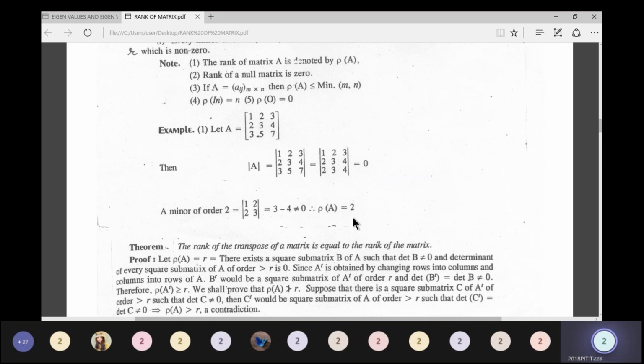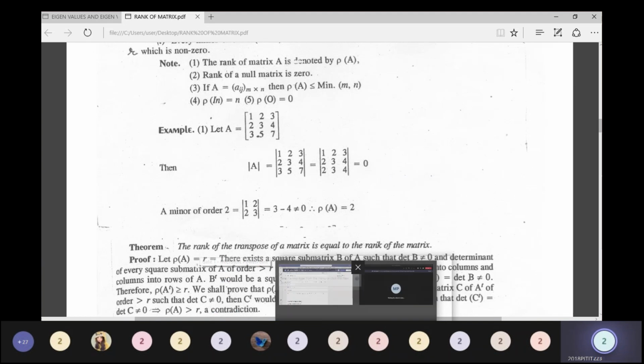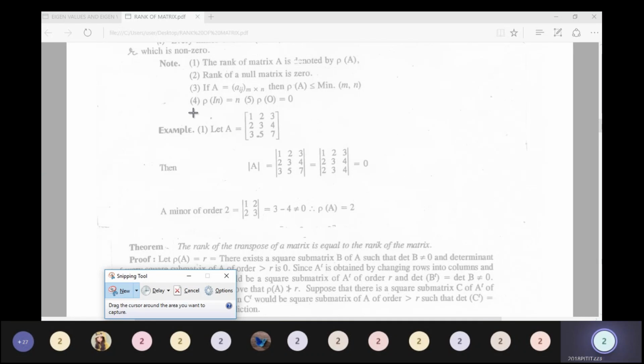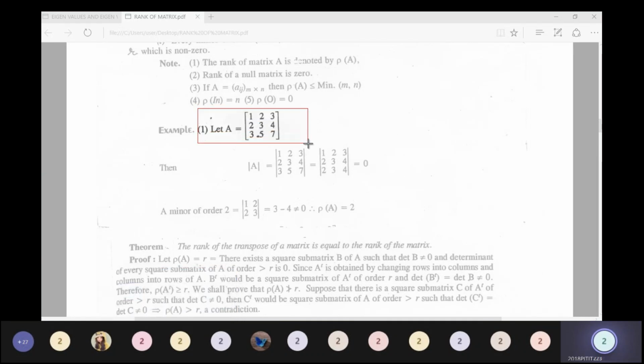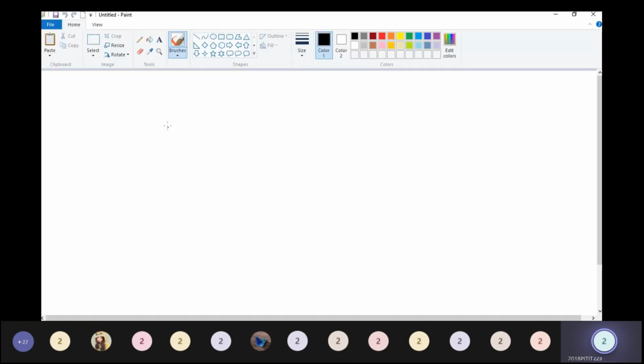So in another way also we can do this problem, by using row elementary transformation. Suppose the given matrix is this one, and I want to find the rank of the matrix.